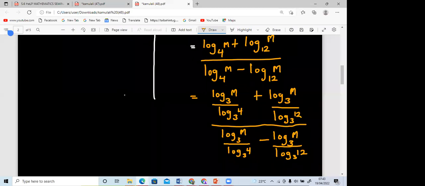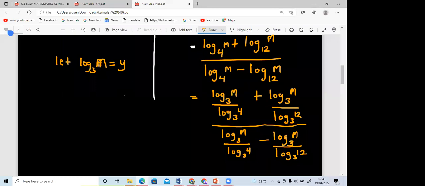Log 3m to be equal to y. Then I got the LCM of both sides.